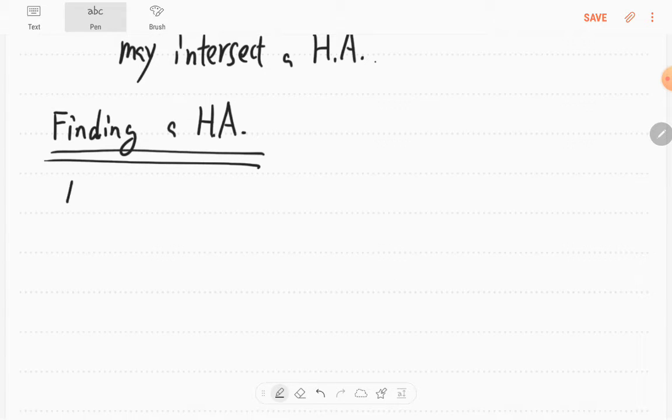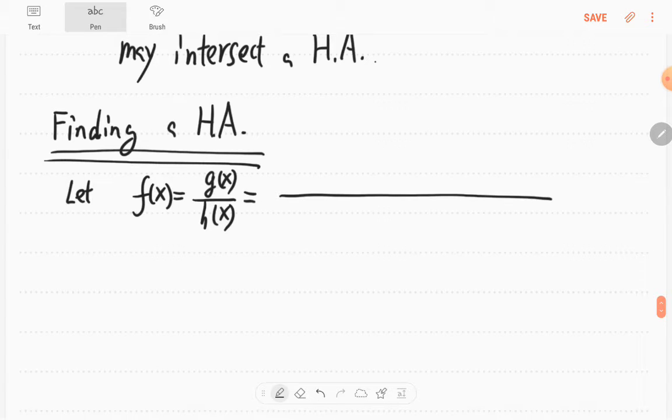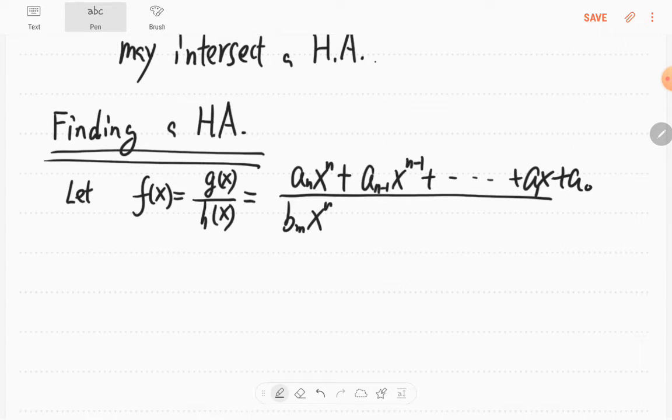We let f of x be written as g of x over h of x, which is a_n x to the n plus a_(n-1) x to the n minus 1 plus ... plus a1 x plus a0, over b_m x to the m plus b_(m-1) x to the m minus 1 plus ... plus b1 x plus b0.